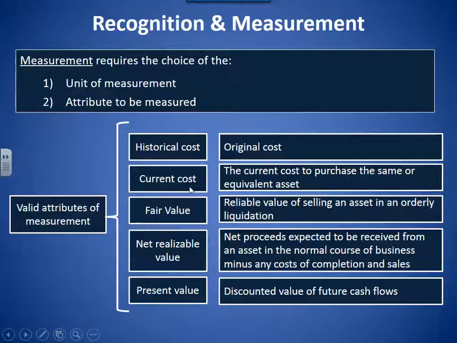Another concept is called current cost, and that is the current cost to purchase the same or an equivalent asset, or a similar asset or equivalent asset to the asset we're looking at. Fair value is, and that should be realizable value, not reliable value, but the realizable value of selling an asset in an orderly liquidation.